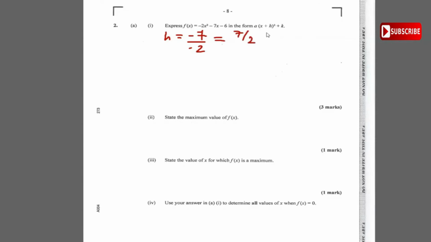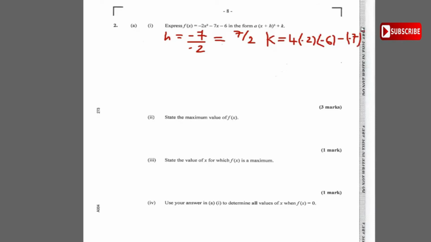Now you need to find what is k. Now k is 4ac minus b squared over 4a. So k is going to be 4 times a, which is negative 2, times c, which is negative 6. So that's 4ac minus b squared, where b is negative 7 squared.